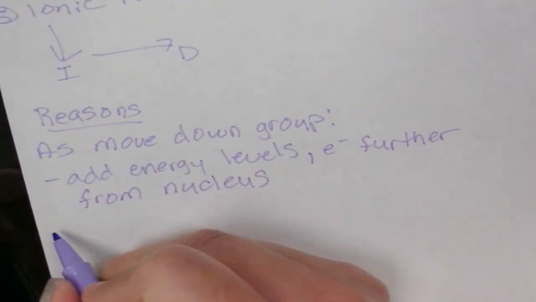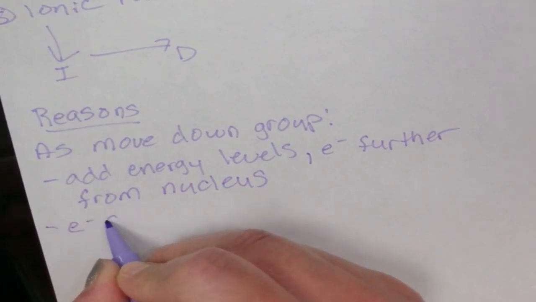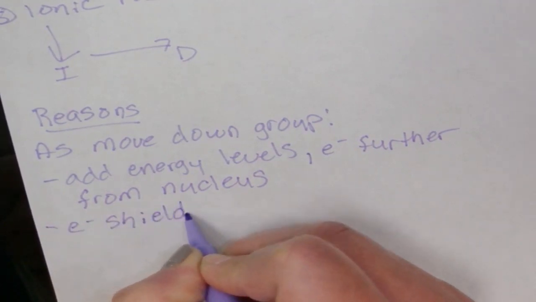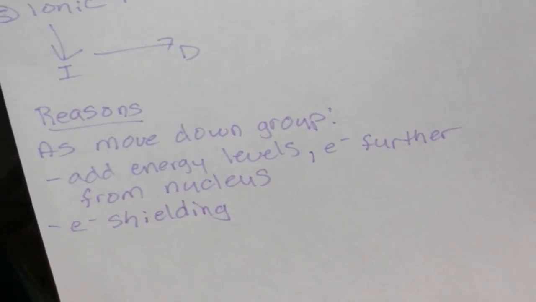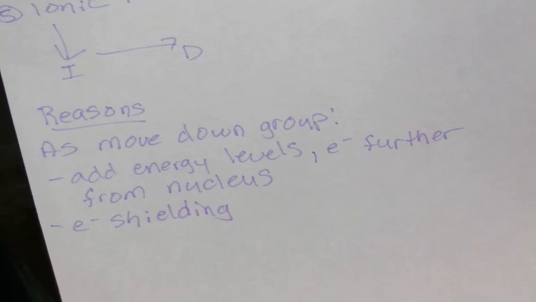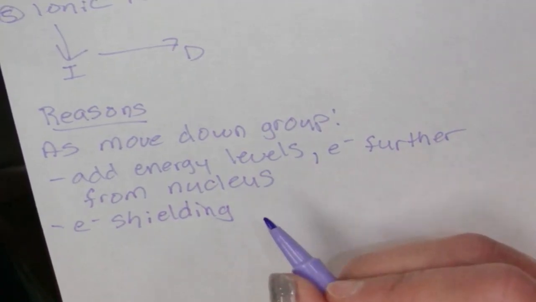We also have more electron shielding. What is electron shielding? That is when the core electrons shield the outermost electrons.